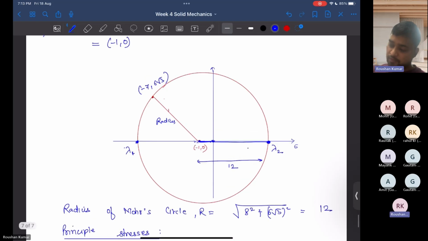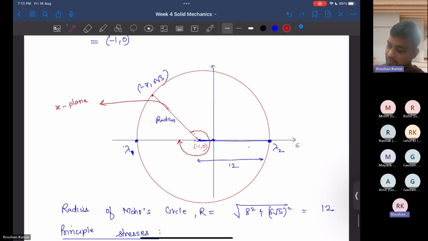Now coming to the first principal stress, that is lambda 1. It is acting at this angle from the x plane. We can say this is the x plane. And what is the value of this angle?